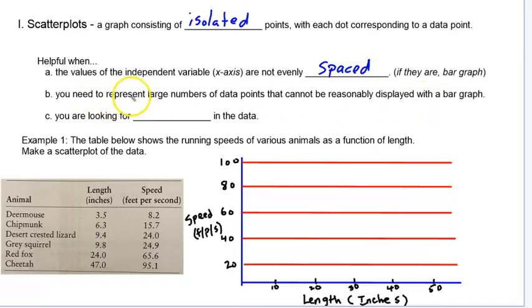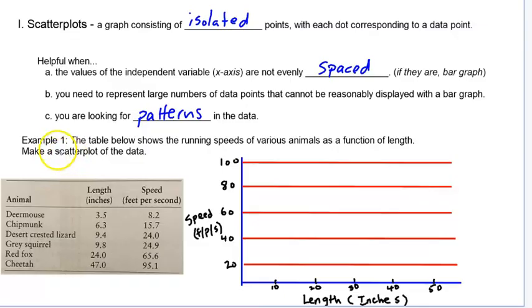Sometimes scatter plots can contain hundreds of data points, and they are better when we're dealing with a large amount of data. And they are helpful when we're looking for patterns in the data.